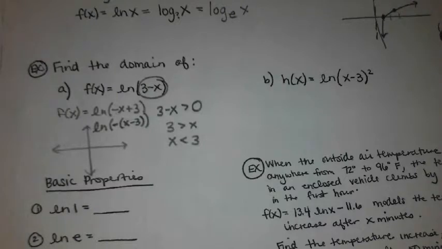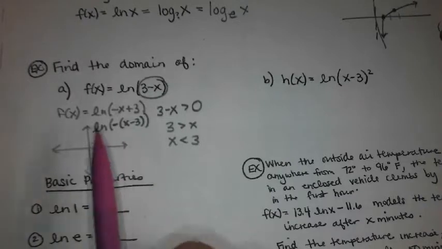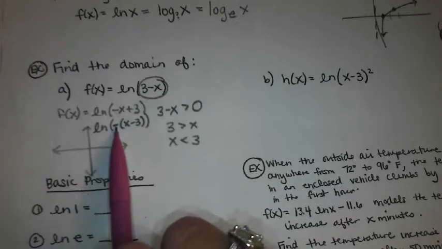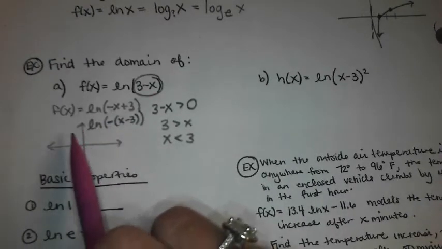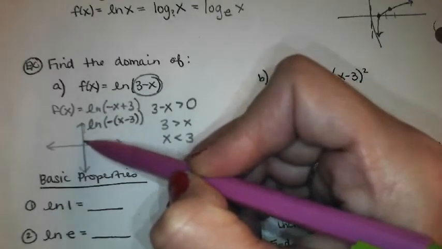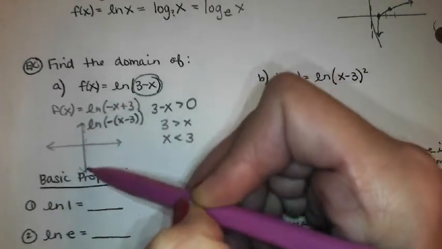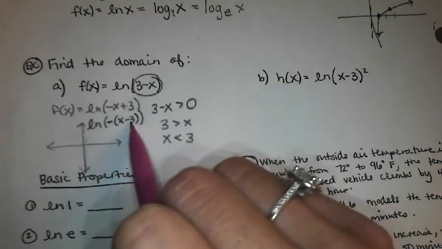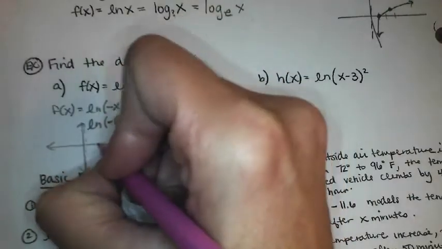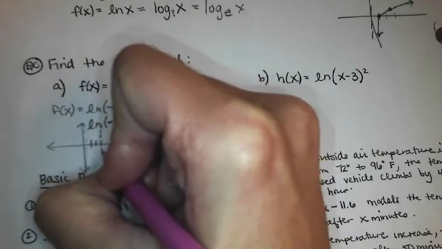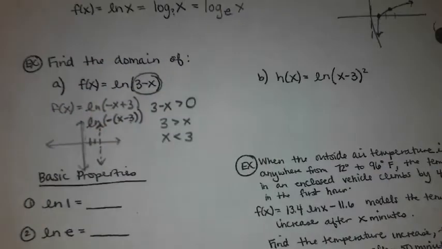So we would subtract the 3 first and then negate it. However, all things horizontal happen backwards, right? Remember that. So, in fact, we are going to negate first. So we are going to do the flipping first. So think about your vertical asymptote flipping, and then it shifts right 3 units and puts it where it should go.